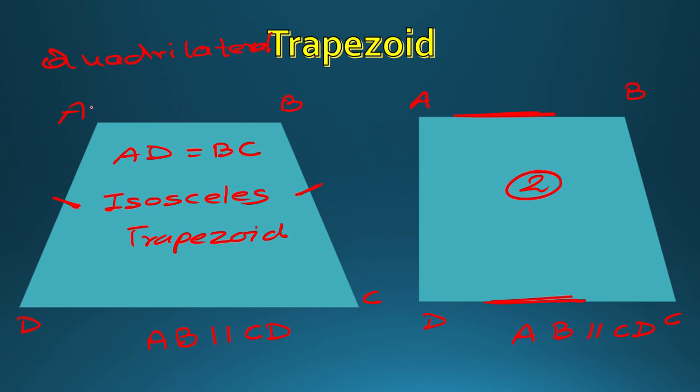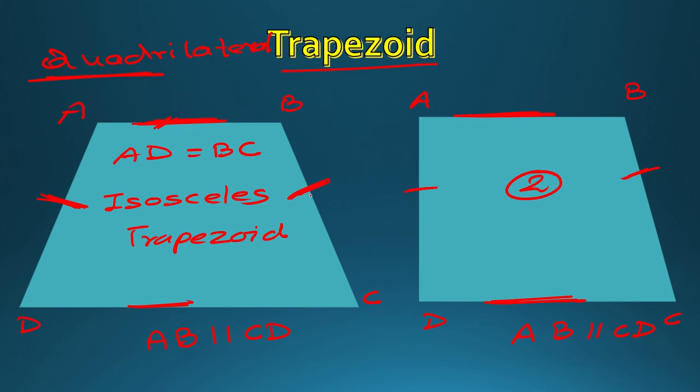So it is a type of quadrilateral. Quad means four, so remember this word. Quadrilateral means a closed figure which has four sides. And trapezoid means two sides are parallel, and the two non-parallel sides may be equal or may not be equal.